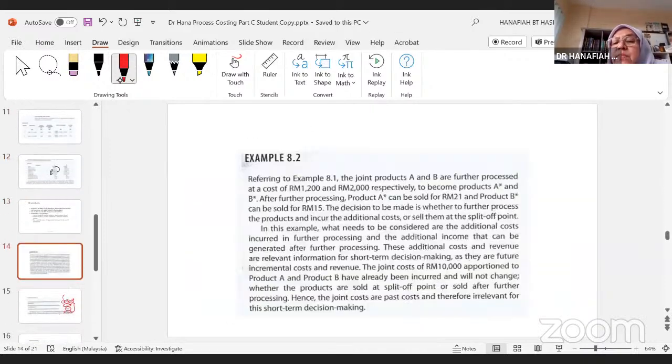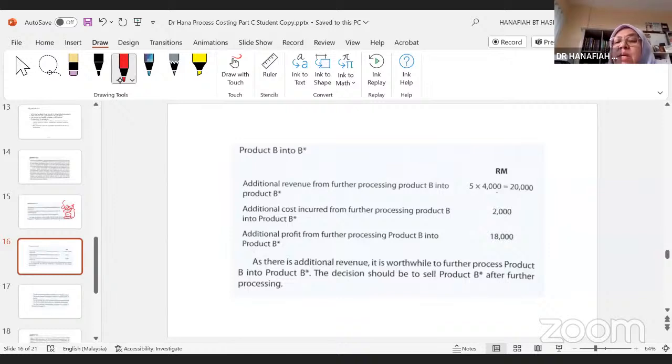However, if we look at product B, it earns an additional 5 ringgit if product B proceeds to further process, to sell at a higher price.